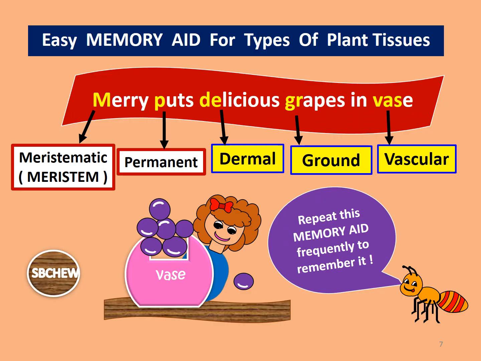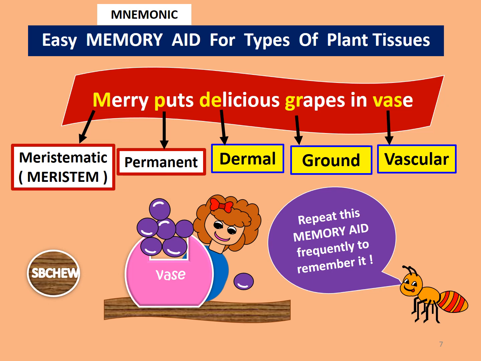Here is an easy memory aid to help you remember the different types of plant tissues. It is called a mnemonic. Mary puts delicious grapes in vase. The first letter of each word is the same as the first letter of the names of the types of tissues.